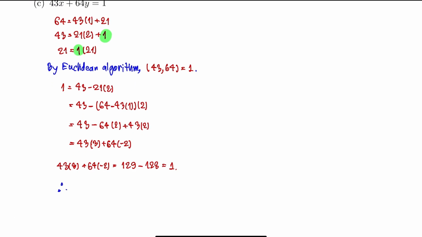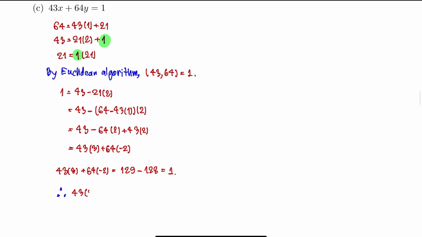Okay, so we have 43 times 3 plus 64 times minus 2 equals 1. That means that x can be 3 and y can be minus 2.